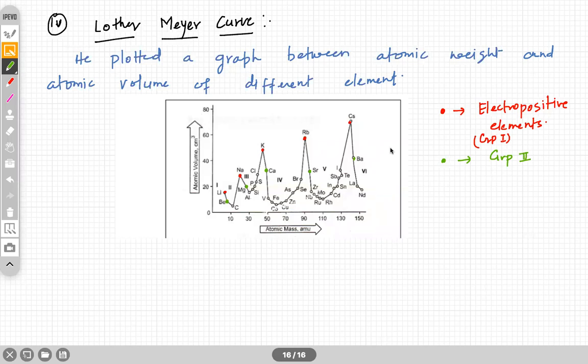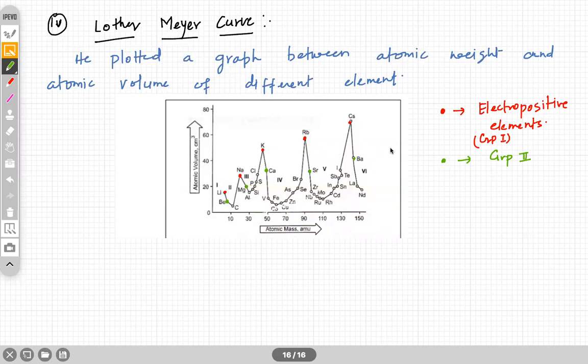Okay, so this was again a better result we get from this, and this conclusion, that the properties are a periodic function of the atomic weight, becomes the base of the next attempt, which is Mendeleev's periodic table.